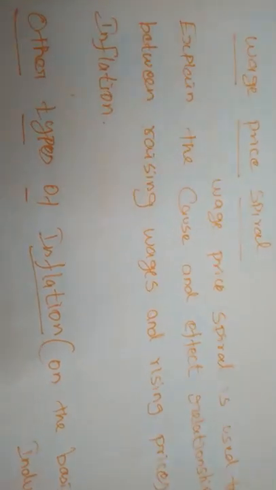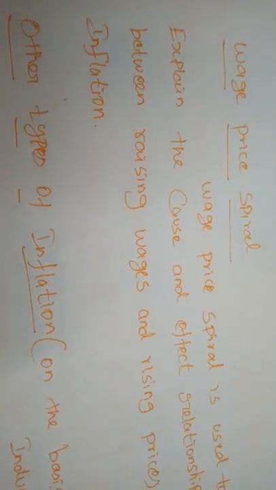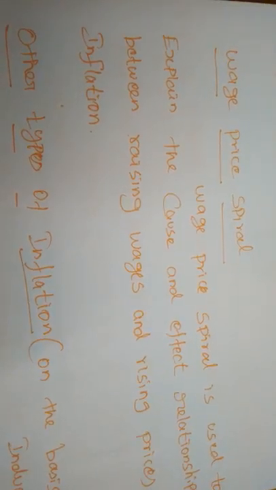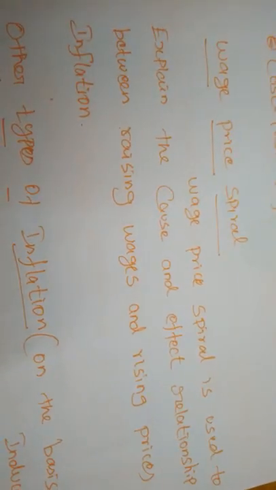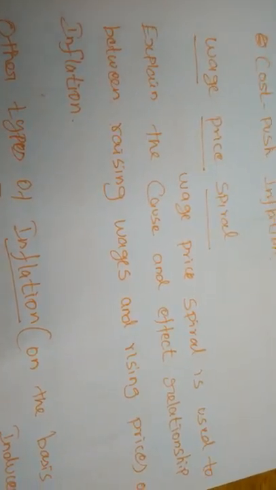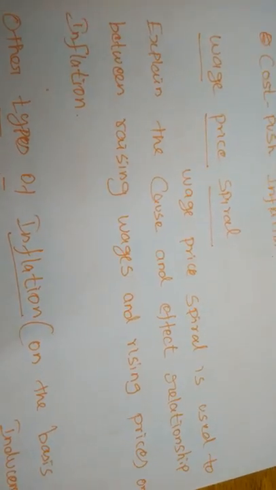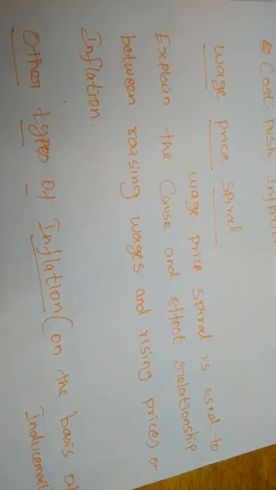Normally, for the purpose of producing any commodity, the producer has to pay remuneration to the labor in the form of wage, right? But at the same time, suppose all the laborers require an increase in their wage level, what will happen? The producer must increase the wage for the labor.